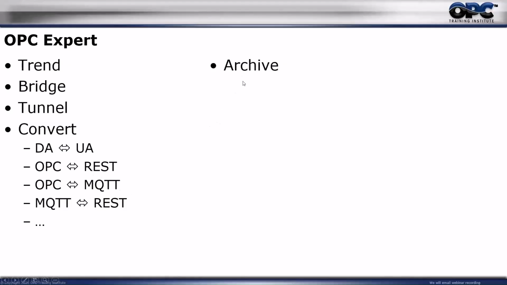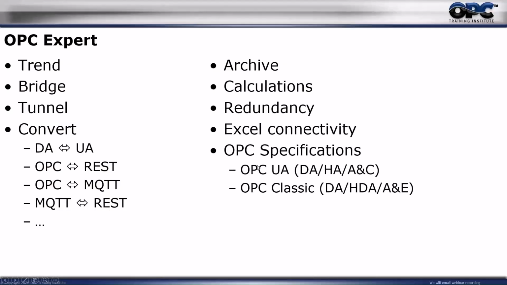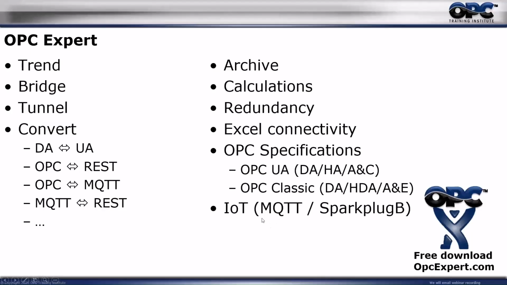Remember, we talked about conversion, archiving, calculations, redundancy, connect to Excel, OPC specifications, right? There's MQTT and Sparkplug B. So lots of very, very cool stuff. In this particular presentation, we talked about OPC and REST, specifically REST API, but all of this stuff is available for you.